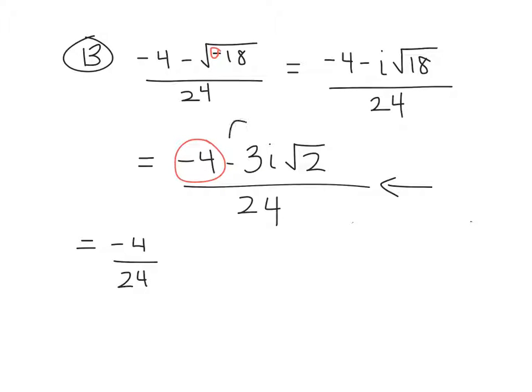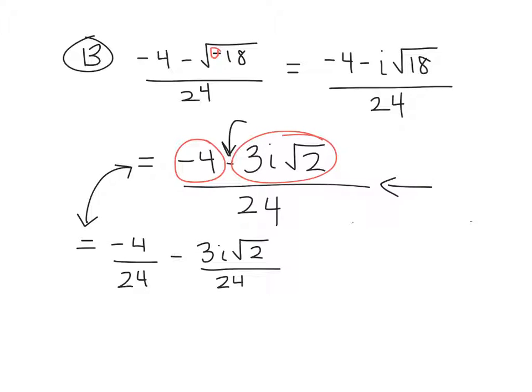And then I'll write the minus sign. And then I'll write the second term, which is 3i square root 2. And that is also over 24. These two things are the same. I just separated it, so each term is now over 24 instead of just writing one denominator.